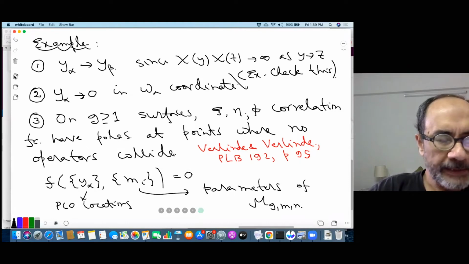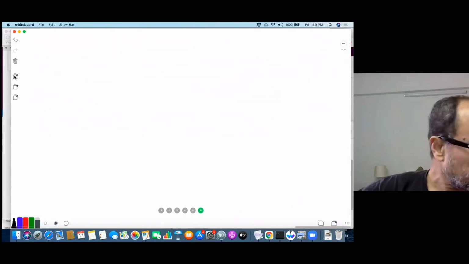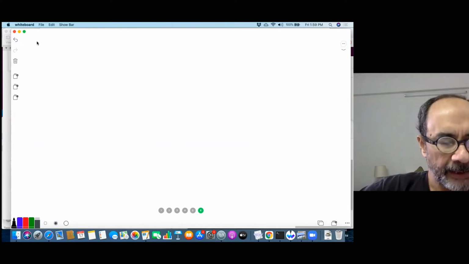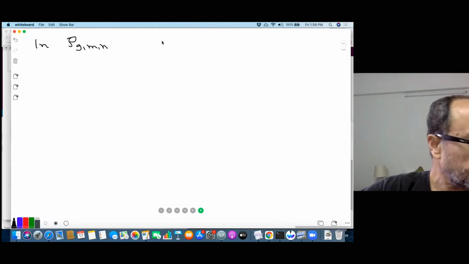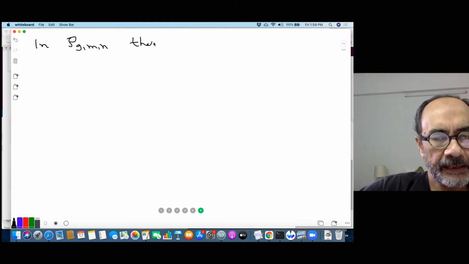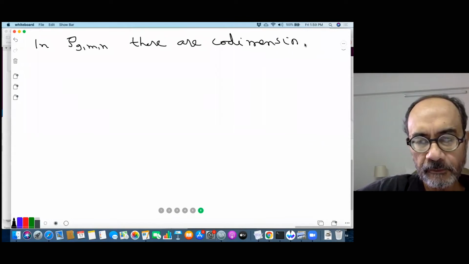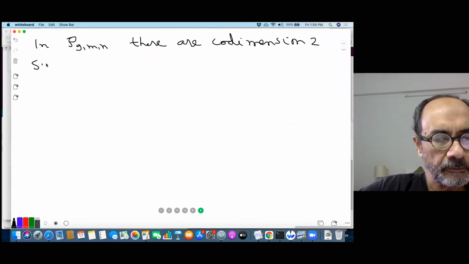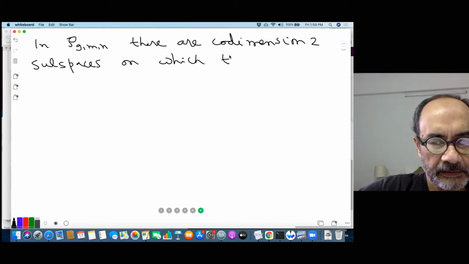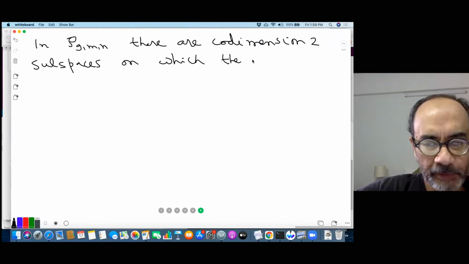All these can be summarized by saying that in PGMN, there are codimension 2 subspaces on which the spurious poles are located.